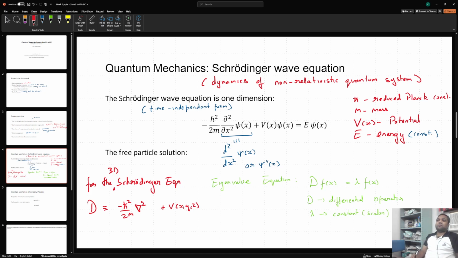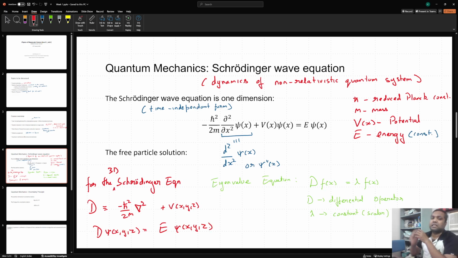So this is the operator. This is multiplied with psi, and therefore the Schrodinger equation in 3 dimensions is going to be D of psi of x, y, z is equal to E of psi of x, y, z.